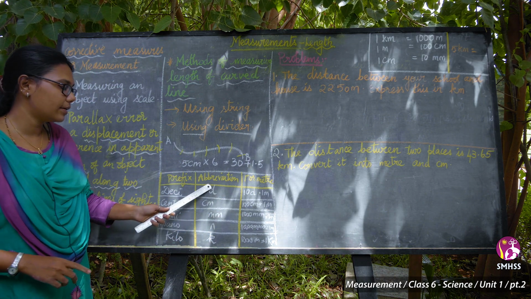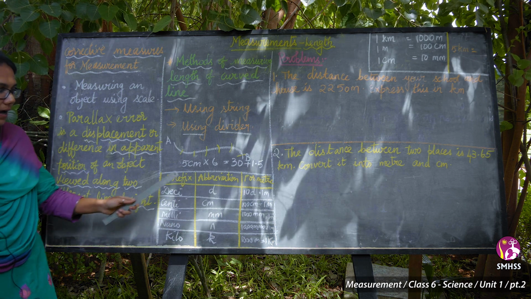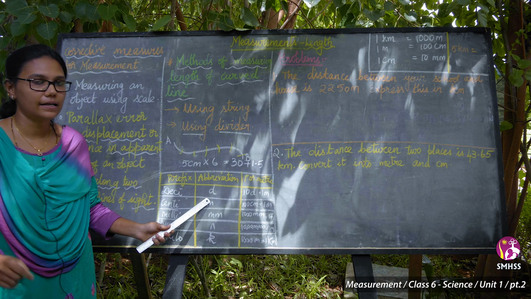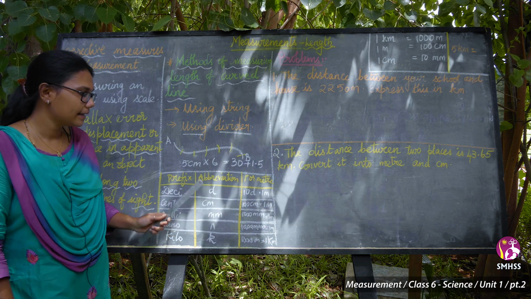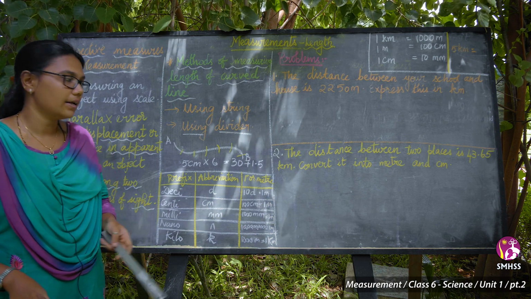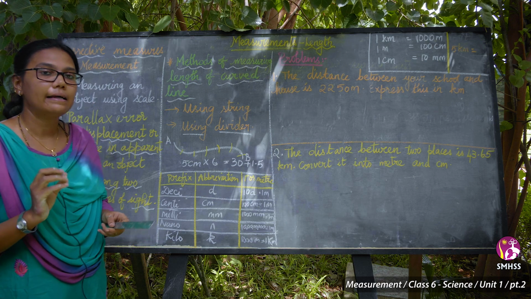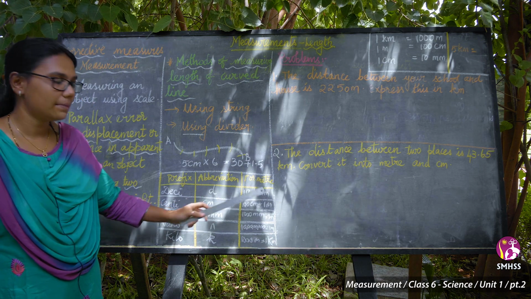So the prefix for decimeter is deci and the abbreviation for that is d. It is denoted by the small letter d. And how many decimeter is equal to 1 meter? 10 decimeter. 10 deci means 10. 10 decimeter is equal to 1 meter.